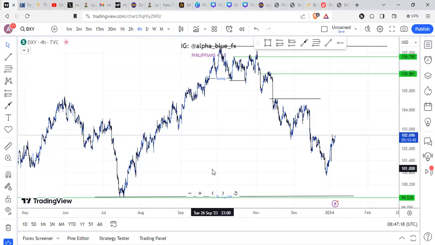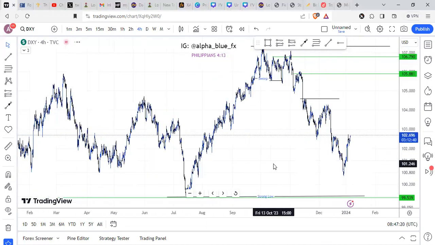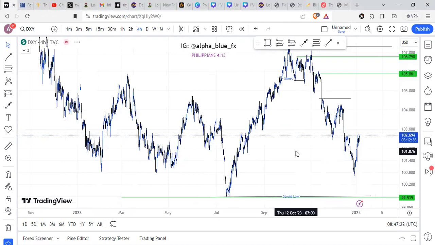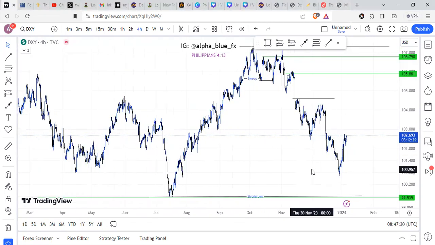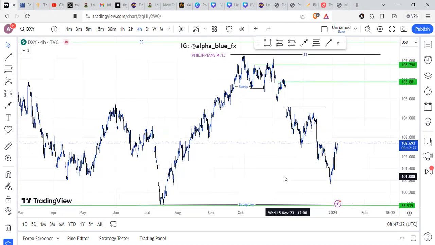So guys, this is the DXY on the 4-hour time frame. Now, before I go to Forex Factory and show us what to expect or how to read the NFP data, first of all, you need to understand that NFP is non-farm payroll, and this is the data that is released once every month, the first Friday of every month.